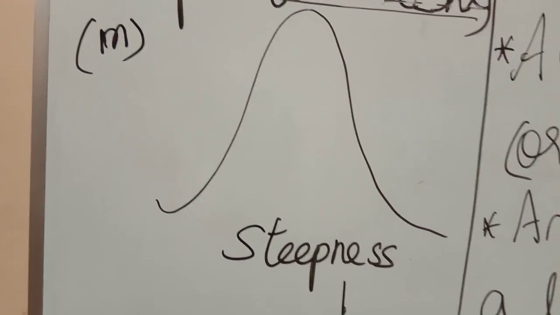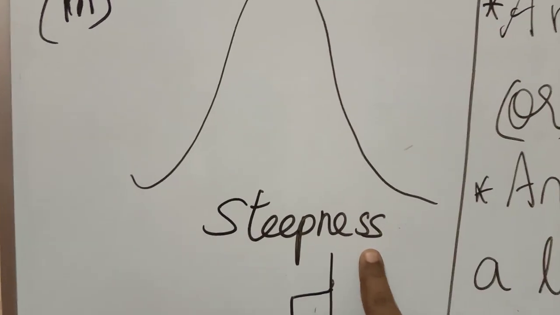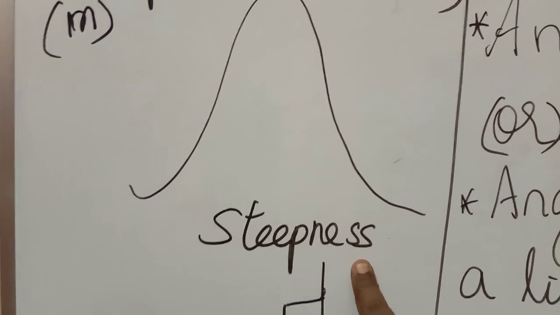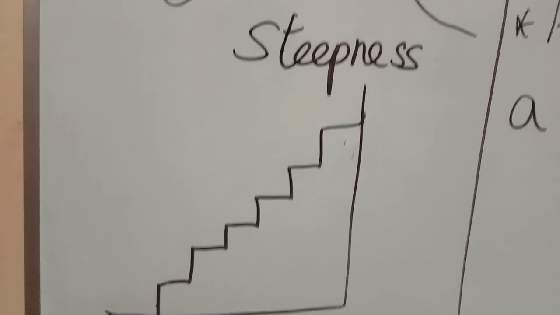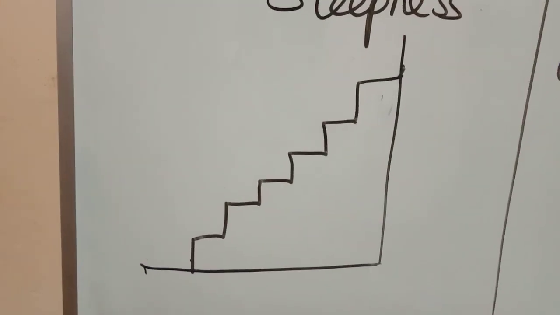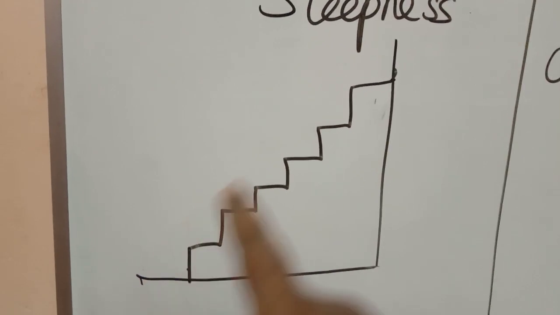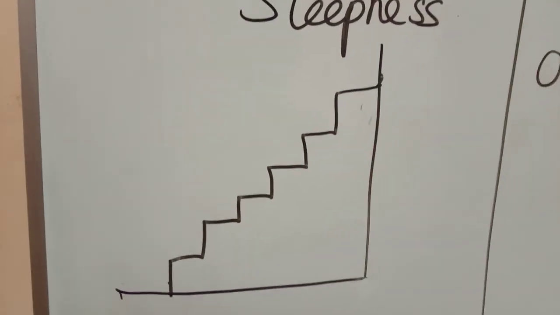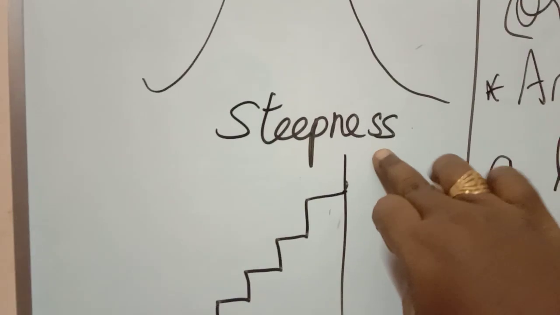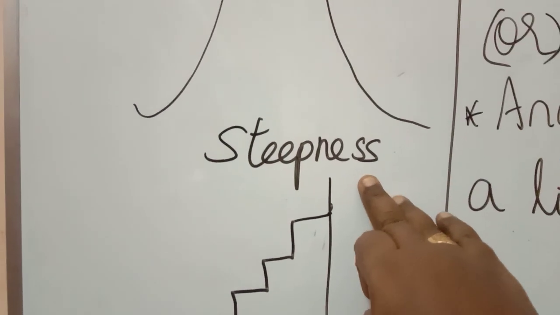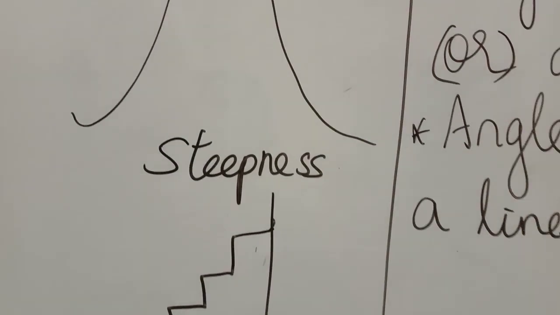The reason is its steepness. You know the meaning of steepness, right? While constructing a staircase, we should consider the steepness of the staircase. These are all examples where we are using steepness.